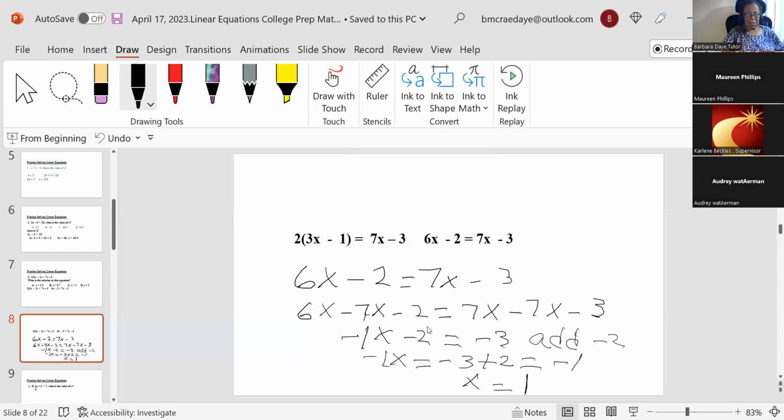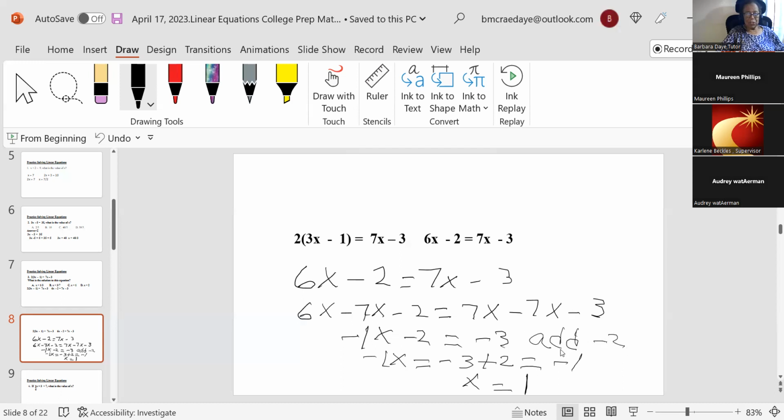Trying to get your constants together. How did you get that -2 with the -3? You didn't add a negative, actually, you added a plus 2.